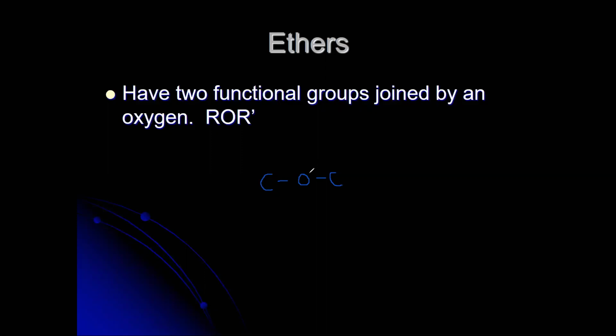So this is an ether. If we were to just leave it at that and put our carbons with hydrogens, just 2 carbons, 1 on each side, this is a methyl group, right? And this is a methyl group. So what we have is 2 methyl groups, and so we're going to use the term di.